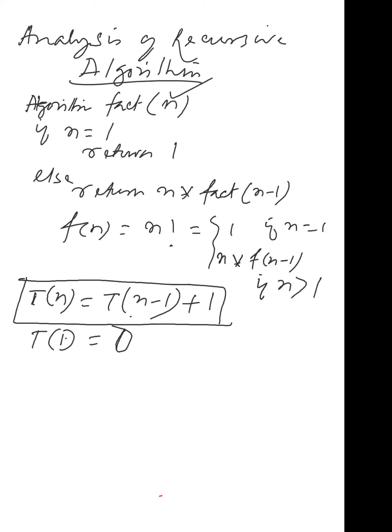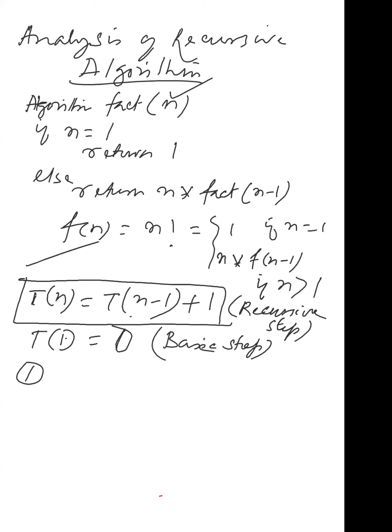This is your base case, or basic step, and this is your recursive step. Now we have to solve this. There are various methods by which a recurrence can be solved. The various methods are, one is the substitution method.